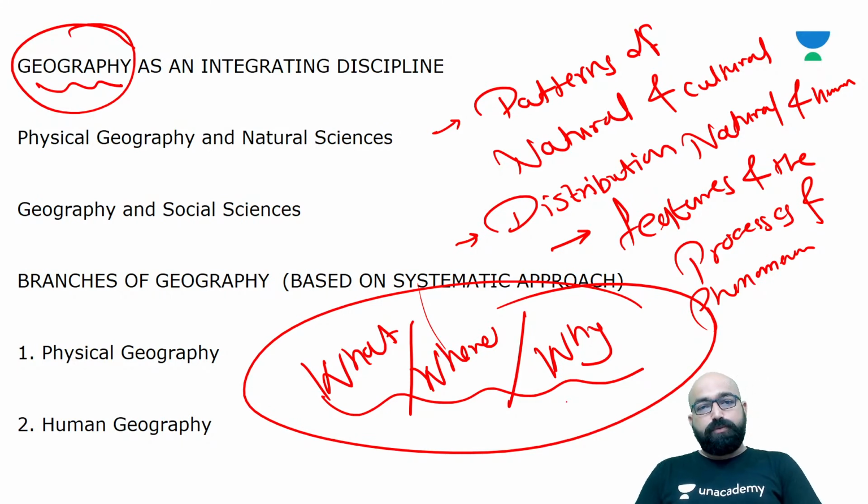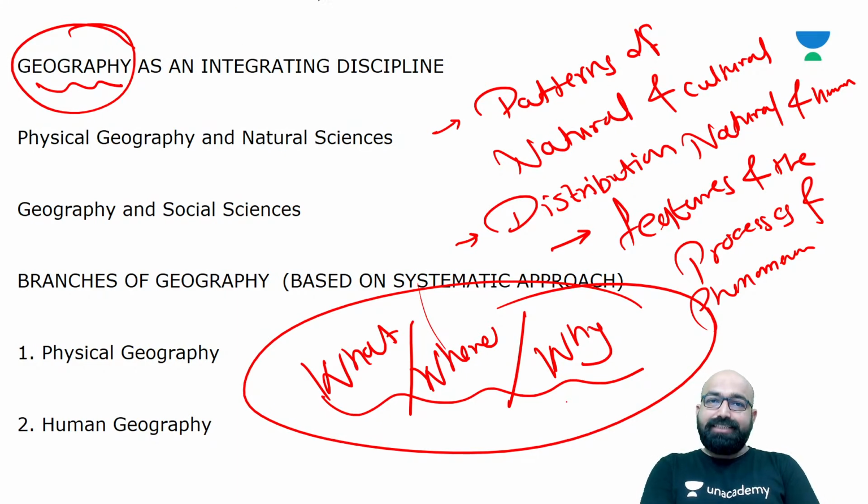So technology has provided better chances of monitoring natural phenomena as well as the economic and social parameters. The study of geography as an integrating discipline has interfaced with numerous natural and social sciences.